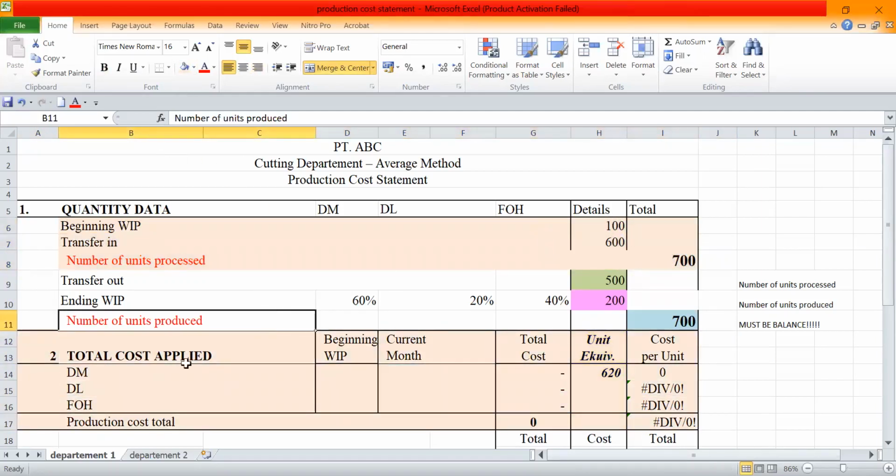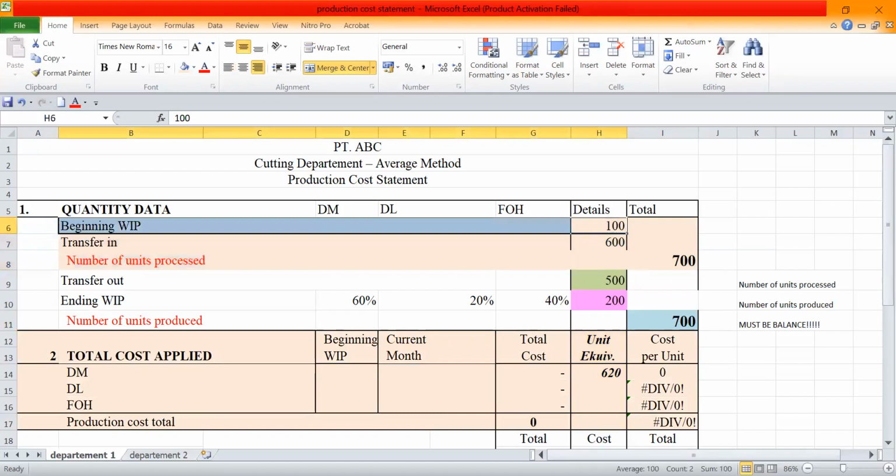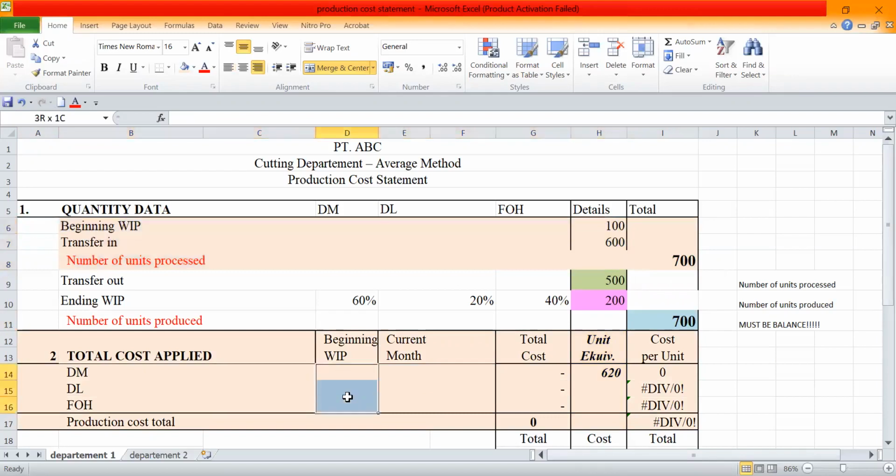So for this 100 units of the beginning work in process, the total cost is in here, and then the transfer in, the units that will be added in the current month for the production process, which is 600 units in here, the information about the cost will be located in this part, the current month.